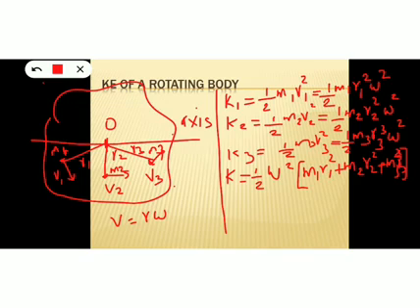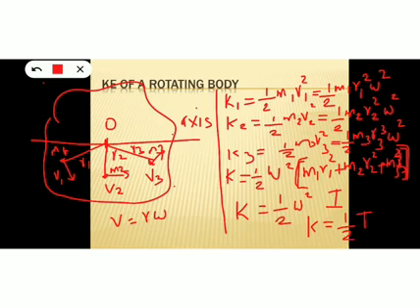So the sum of m1 r1 square, m2 r2 square and m3 r3 square will be the total moment of inertia of the rigid body, denoted by I. So the kinetic energy K is equal to half omega square into I, because the terms inside the bracket represent the total moment of inertia of the rigid body. So we get the expression for kinetic energy K is equal to half I omega square. This is the expression for the kinetic energy of a rotating rigid body.